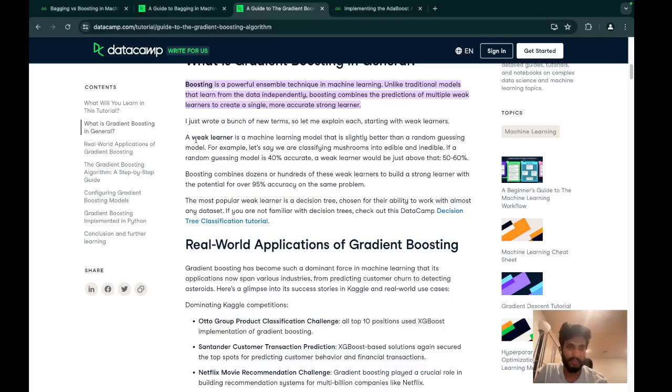Boosting combines dozens or hundreds of these weak learners to build a strong learner with the potential of 95% accuracy on the same problem. The most popular weak learner is a decision tree, chosen for their ability to work with almost any data set.